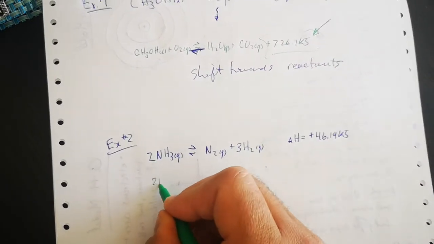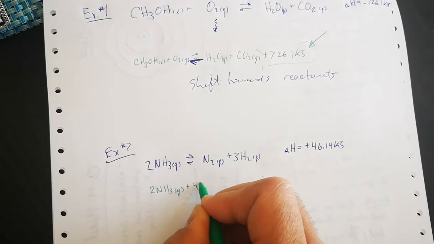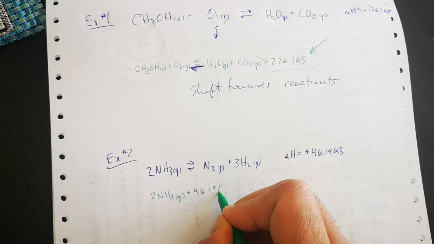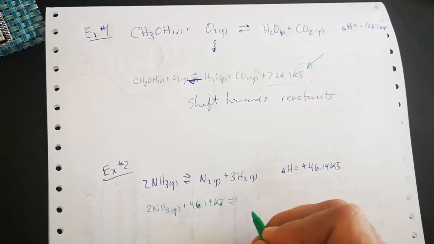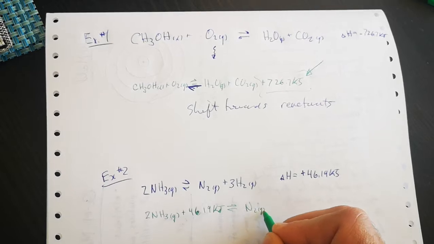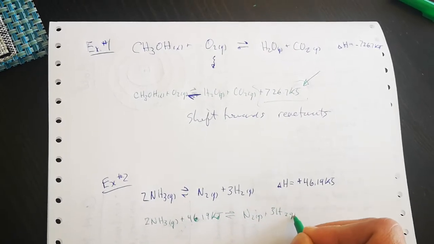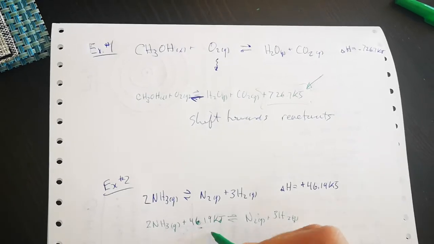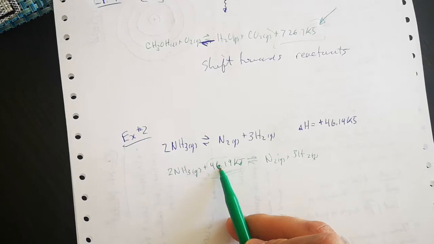So if we write out our thermochemical equation, we include the energy right in the equation as a substrate. So because this is endothermic, our heat energy is included right there as a reactant.